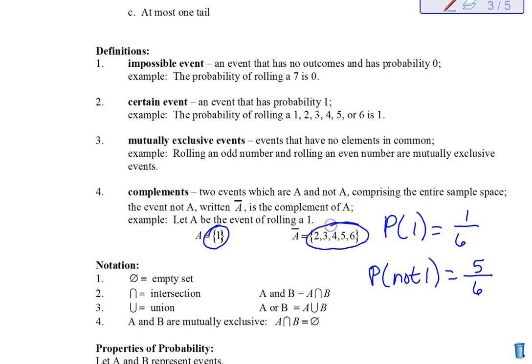There are 5 that are not that outcome. Now what's going to happen is, if this is event A, then this is A complement. What you'll notice is these two probabilities, A and A complement, their probability should always add up to one whole. So 1/6 and 5/6 added together does equal 1.